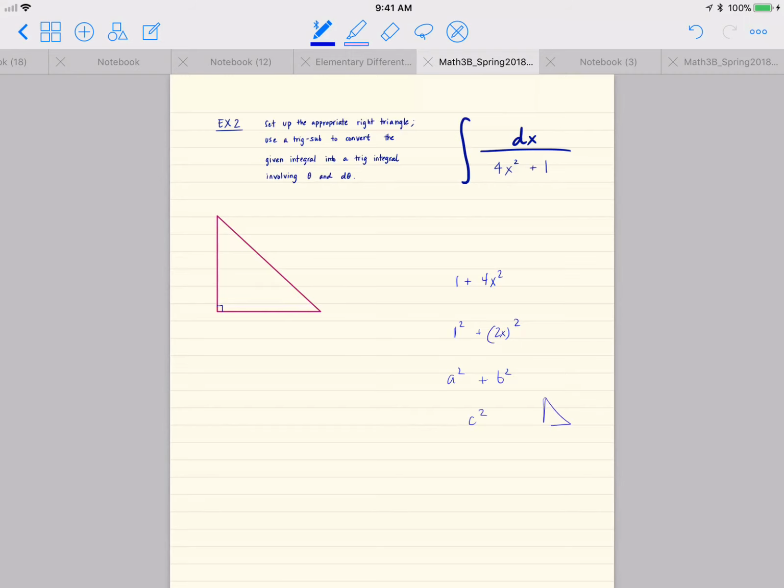So if you have a triangle, here's a, here's b, here's c, a squared plus b squared equals c squared. So I know how to set up my triangle. I'm going to have one leg be 1, the length of another leg is going to be 2x, and the length of the hypotenuse is going to be the square root of 1 plus quantity 2x squared.